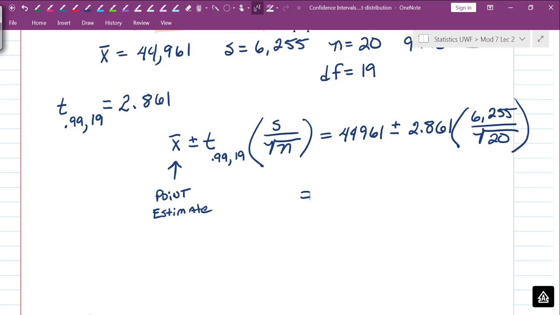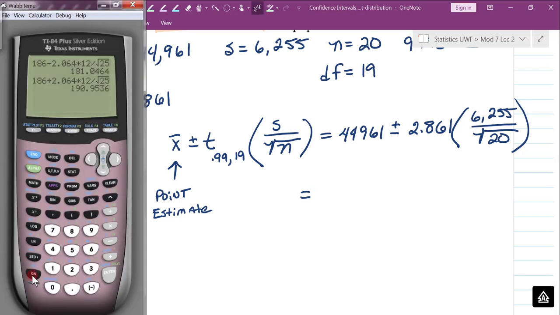So open this up, turn it on, we'll clear it out so we don't get confused with our last bit of data. And we're going to put in 44,961. We're going to subtract off 2.861 multiplied by 6,255, and we're going to divide that by the square root of 20. Hit enter, and that is our lower bound. Since we're talking about money, we're only going to go to 2 decimal places.